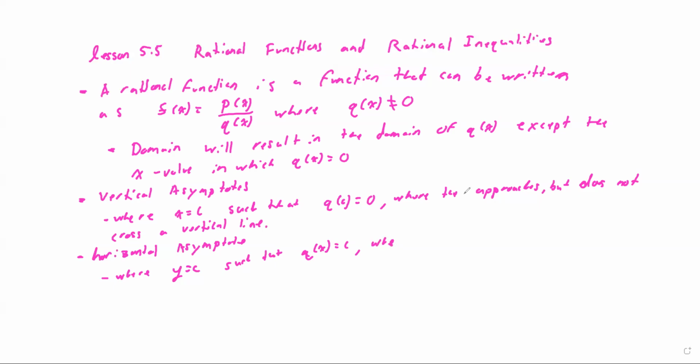This is where the y approaches but does not cross a horizontal line. Now, there are certain situations where it will cross in one part but not be able to cross in a different part, and we'll look at those types throughout the chapter.